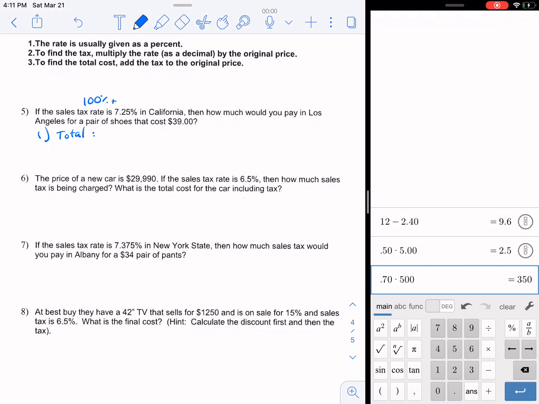Now I'm going to pay 7.25% more, and that's going to equal 107.25%. So I'm going to pay 107.25% of $39.